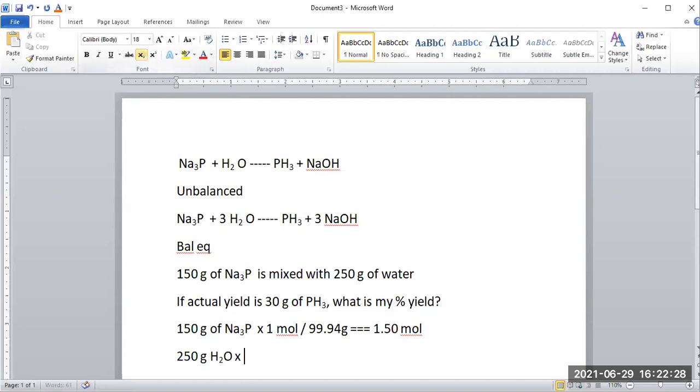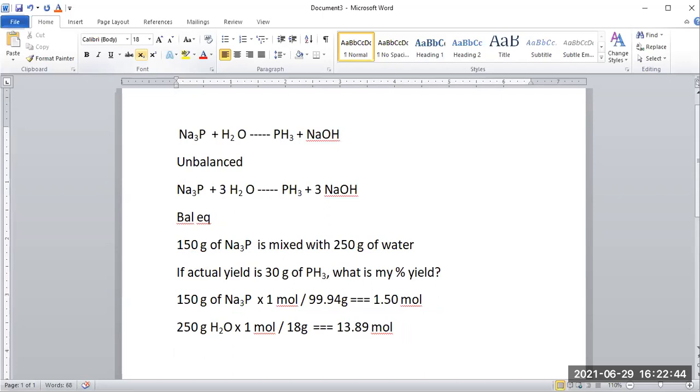Then I've got 250 grams of water, which is much lighter in weight as far as molar mass goes. So it's 18. And that will give me 13.89 moles. All right. Look at your balanced equation. Now, typically speaking, the one that you have the smaller number of moles in is usually the limiting.